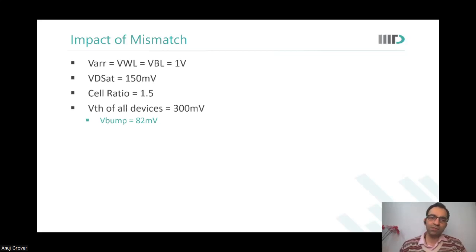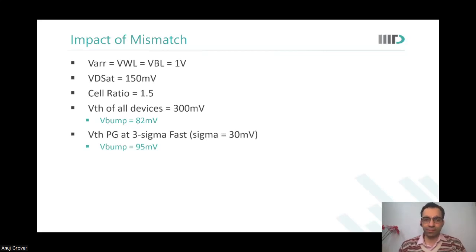In the first case, we know that when the VT of all the devices was 300 millivolts, V bump was 82 millivolts. Now let us say that the pass gate is manufactured fast. Pass gate has lower VT. And we also say that the sigma, the variation of VT, is 30 millivolts.